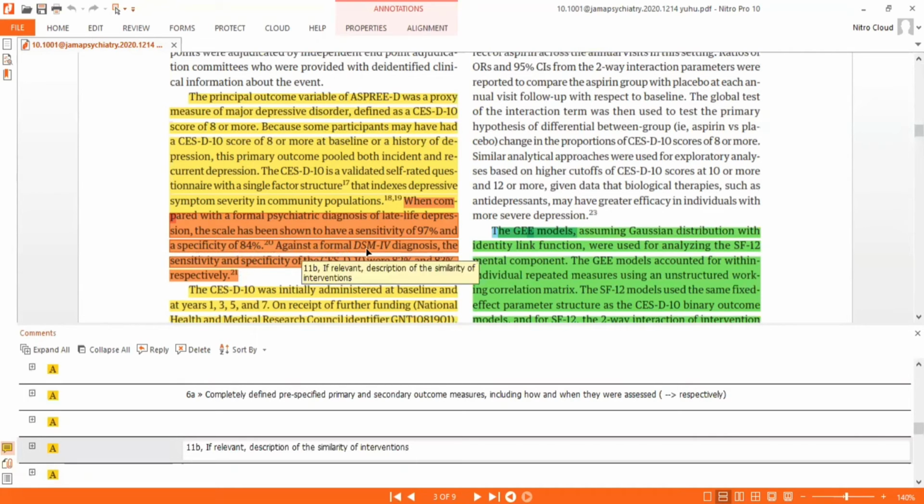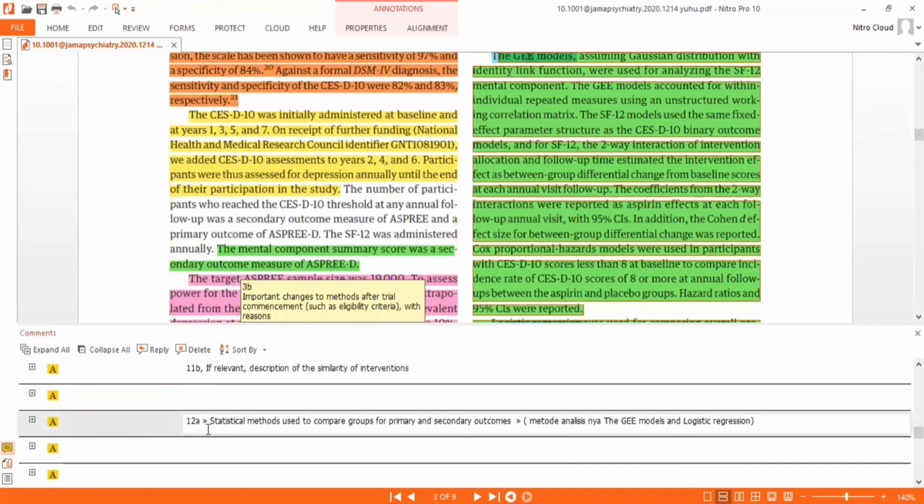Against a formal DSM-IV diagnosis, the sensitivity and specificity of the CES-D-10 were 82% and 83% respectively.